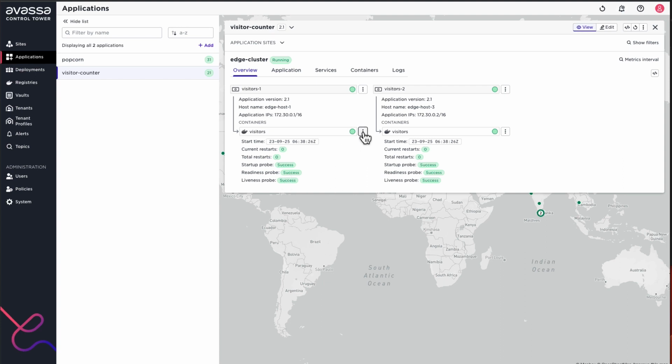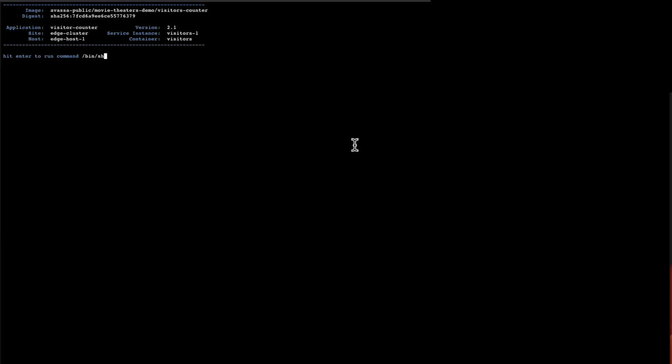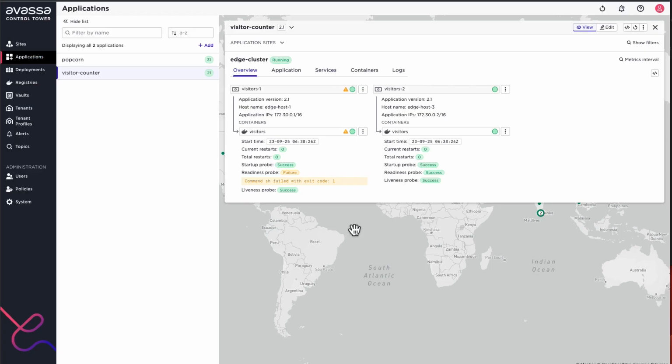So the same service instance and the same container is actually running as two replicas on each site. What happens now if I fail the readiness probe on one of the sites? So now this is very important. So now you see that I failed the container and I'm failing that service instance.